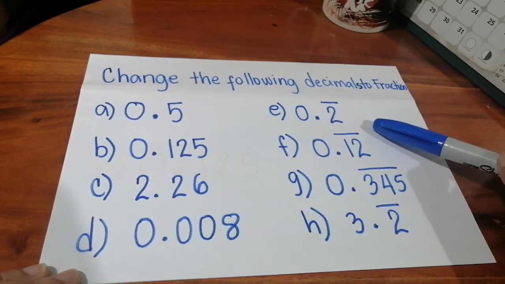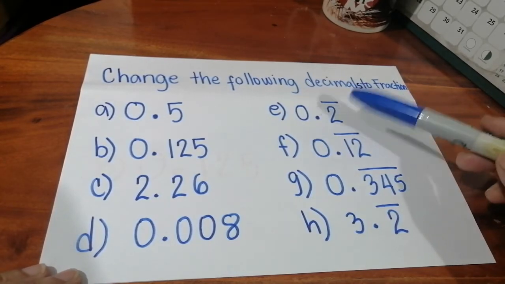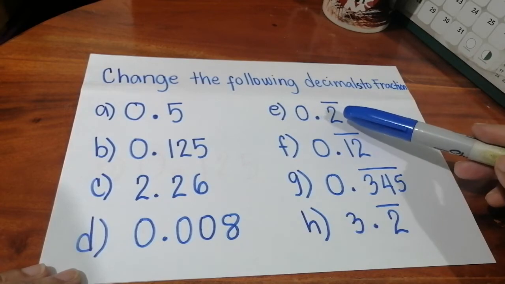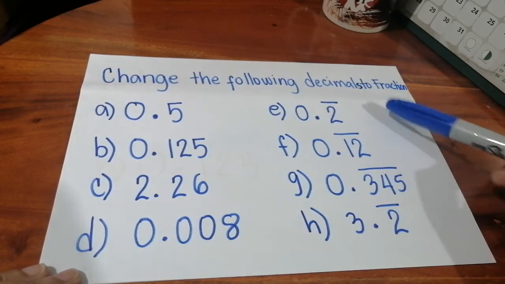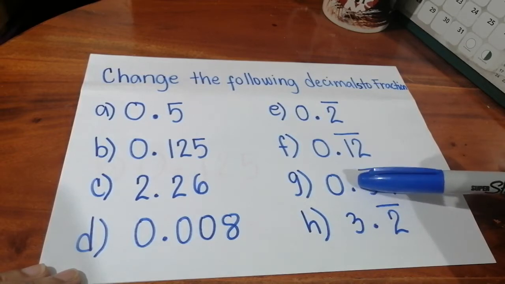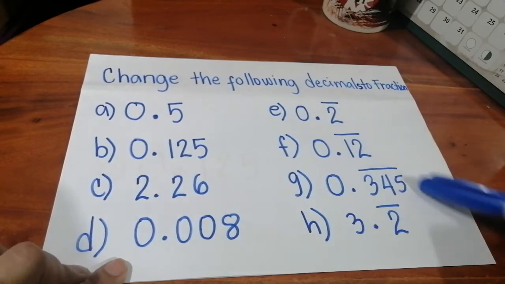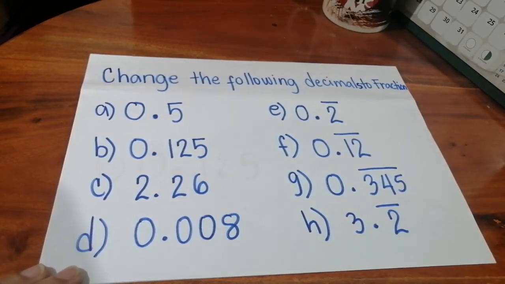For non-terminating and repeating decimals, the denominator doesn't end with zeros. We count the number of digits here, but it's not zeros. It doesn't tell you the number of zeros. Instead, the denominator of these numbers will be 9. It's not 0 but 9.